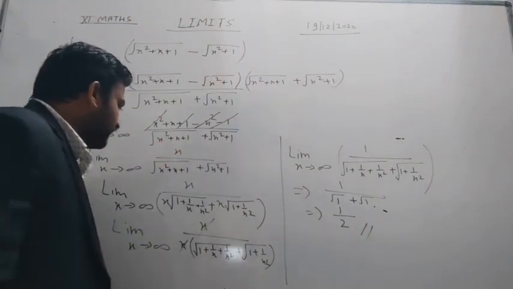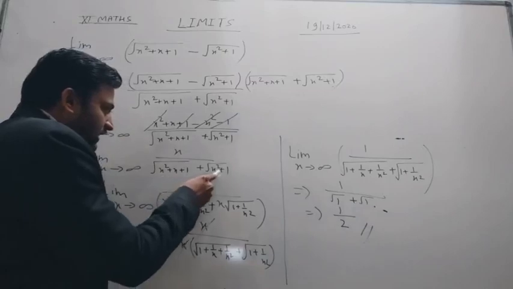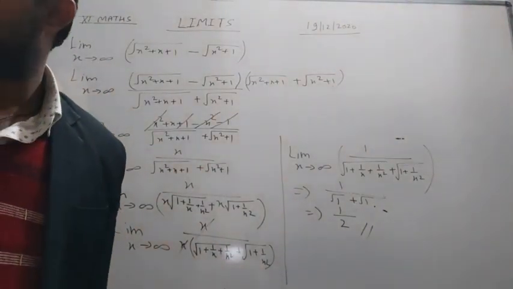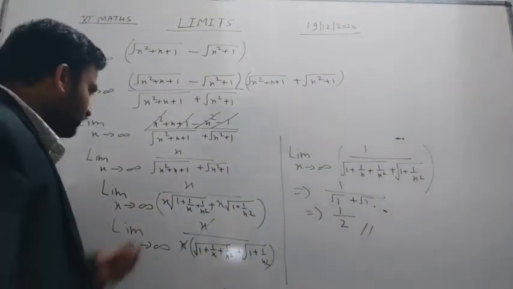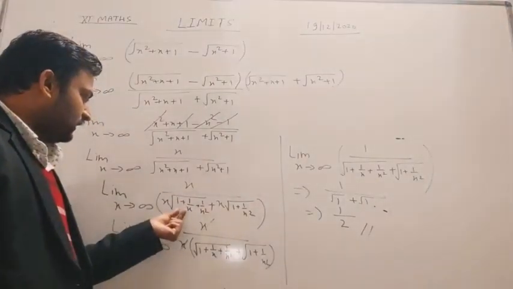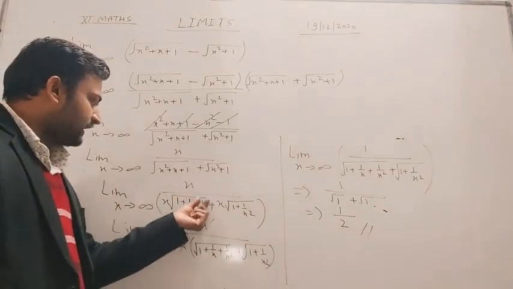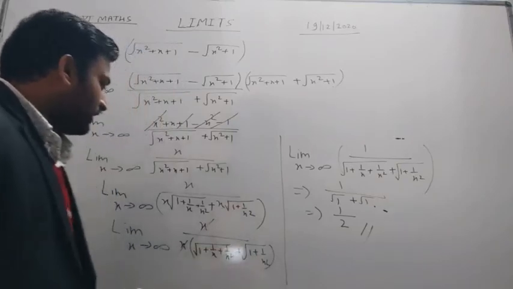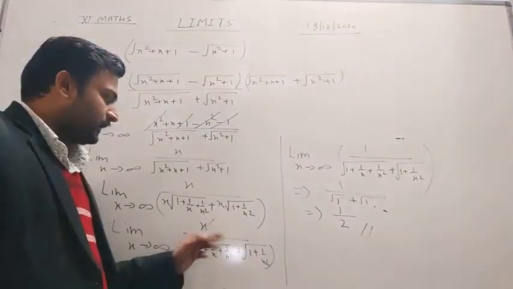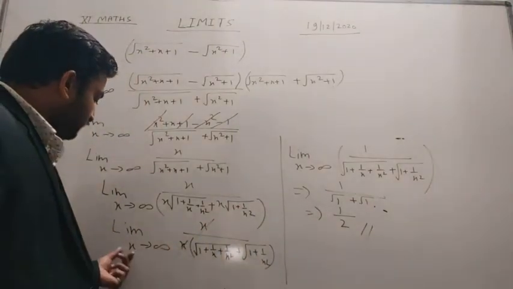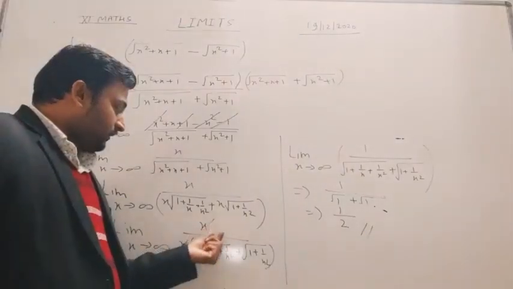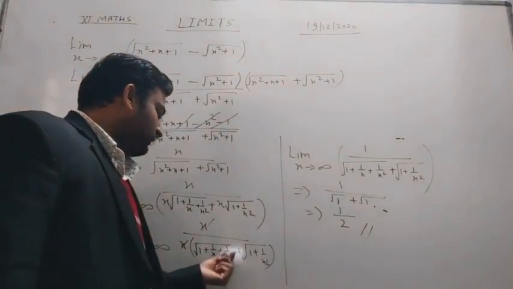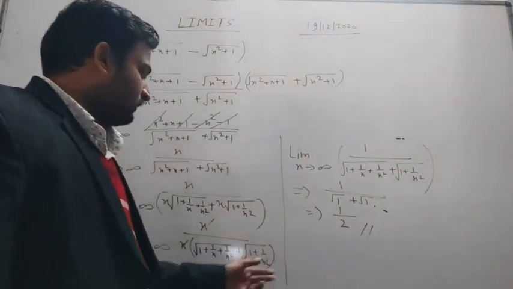Now students, here the maximum power is x square, but when we take this outside from the root, it will change to x. So we take x outside, and under the root we get 1 plus 1 by x plus 1 by x square, plus x under root 1 plus 1 by x square. Now this x and x will reduce, and as x tends to infinity, what remains is 1 by under root 1 plus 1 by x plus 1 by x square plus under root 1 plus 1 by x square.